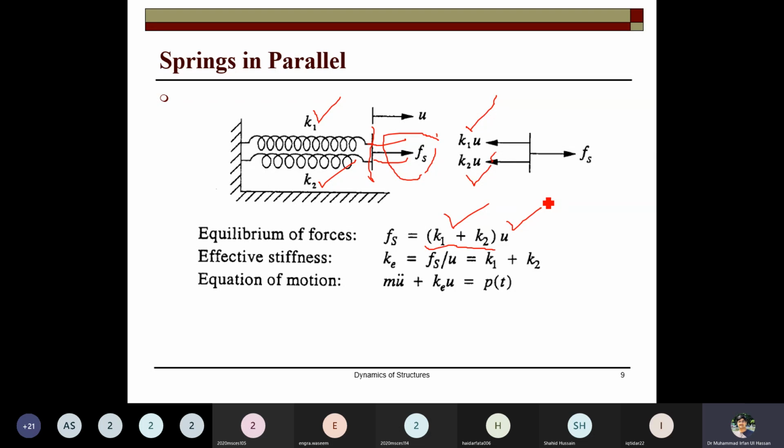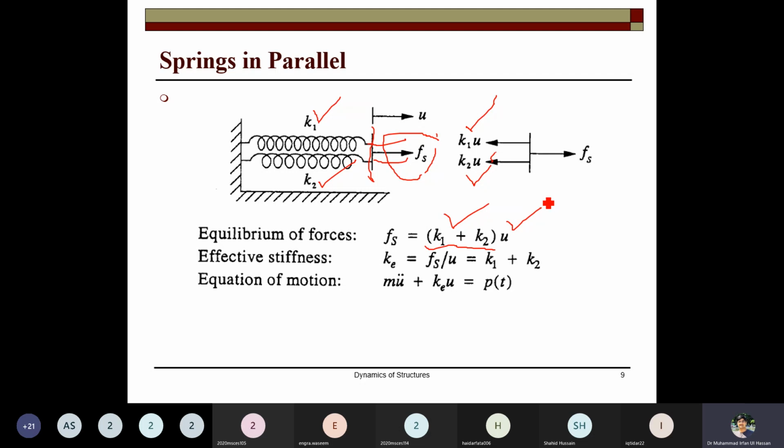What is the effective stiffness Ke? That is the spring force divided by the displacement. So the equivalent stiffness is basically K1 plus K2. That is the effective stiffness. And the equation of the motion will be equal to m u double dot plus Ke into u.